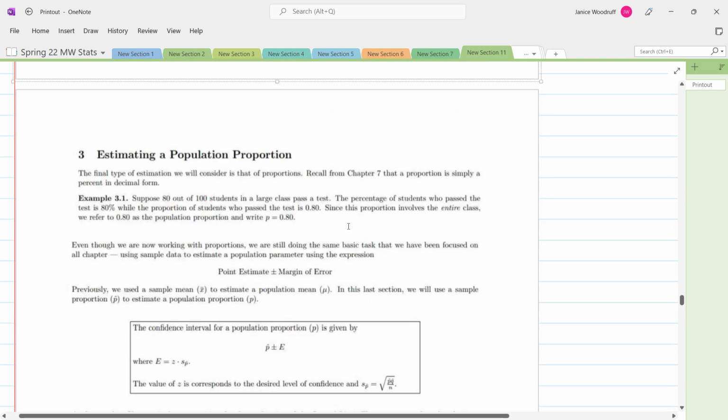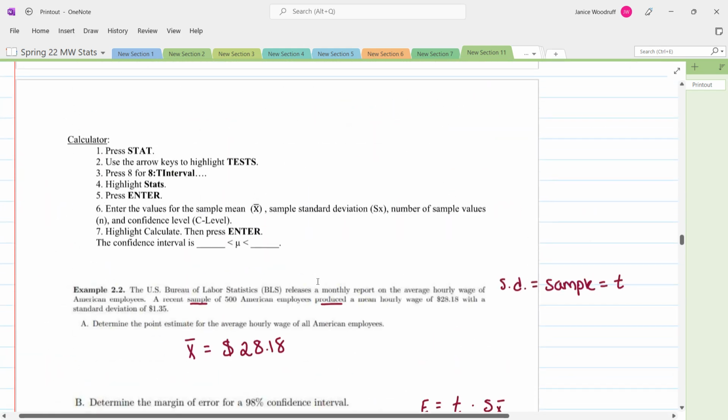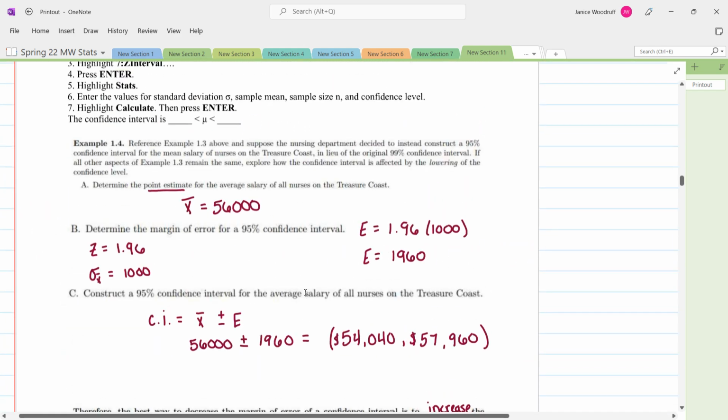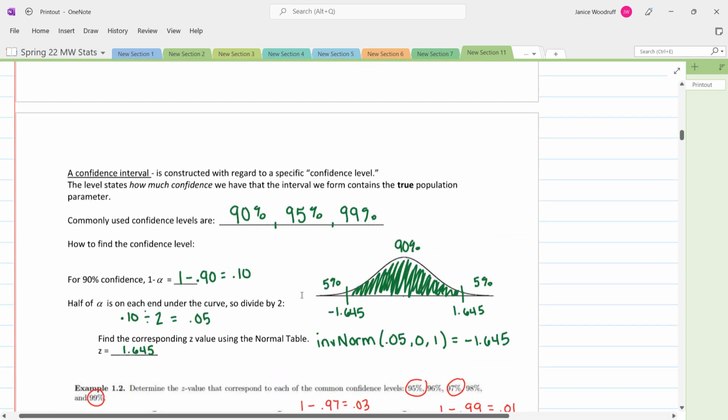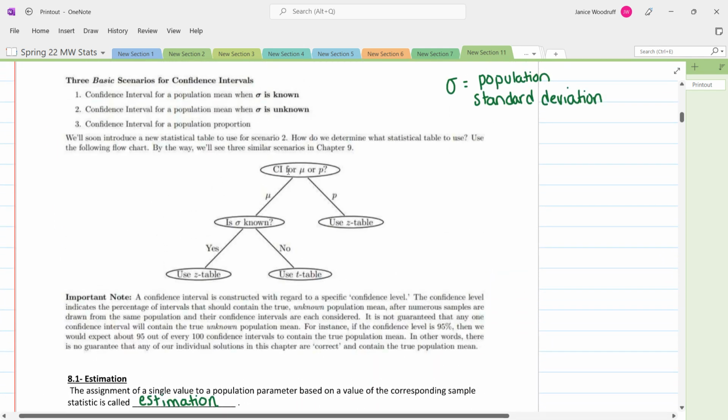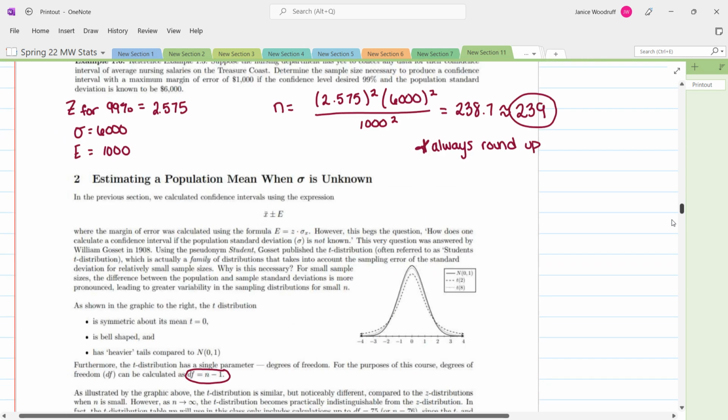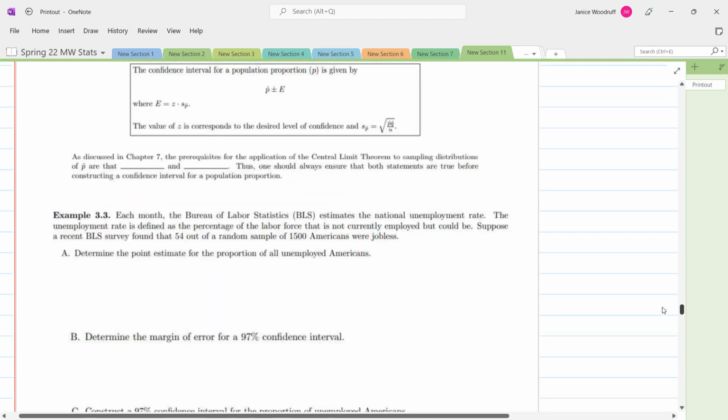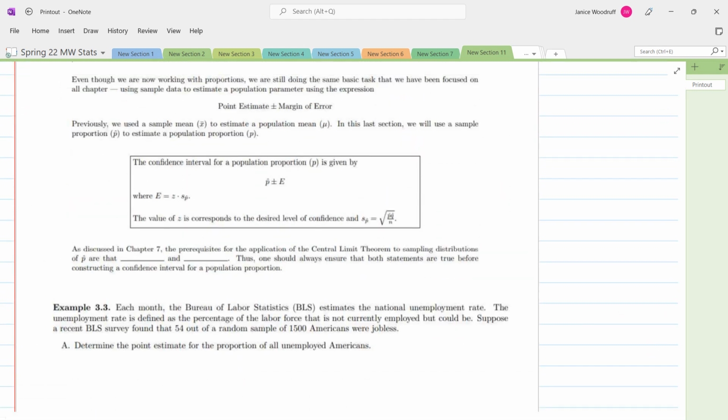Okay, remember back to this chart way in the beginning of chapter 8. There it is. Okay, is it a mean or is it a proportion? Proportion, we use z. Okay. And then the standard deviation of p hat again, square root of pq over n.